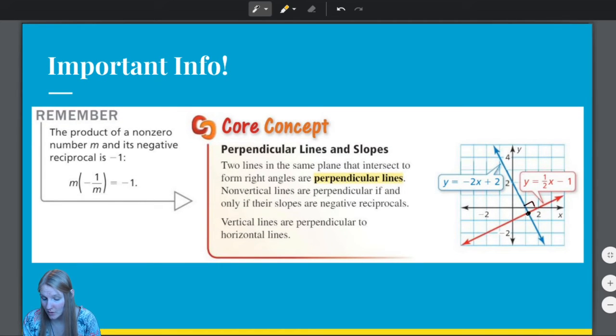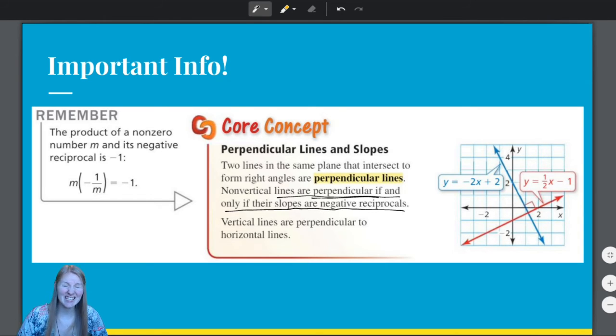We want them to cross at a perfect 90-degree angle. So, instead of having the same slope, lines are perpendicular if and only if their slopes are negative reciprocals.